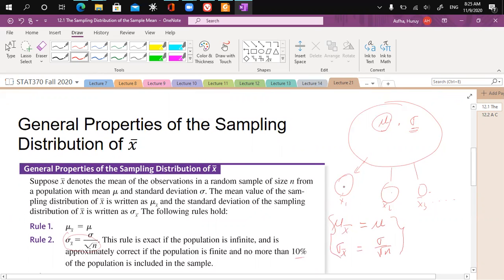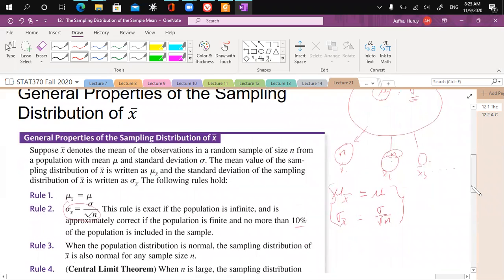It doesn't matter what sample size you take. It could be small or it could be large, but still you will have normally distributed X bars.